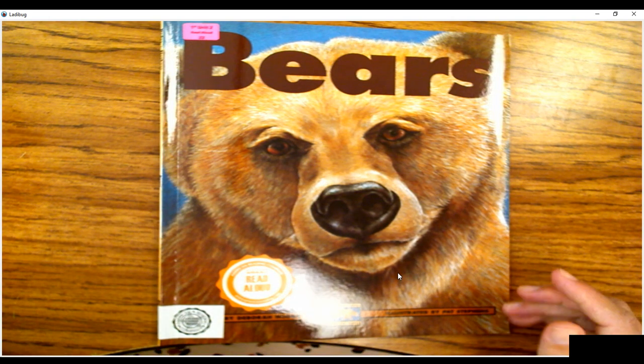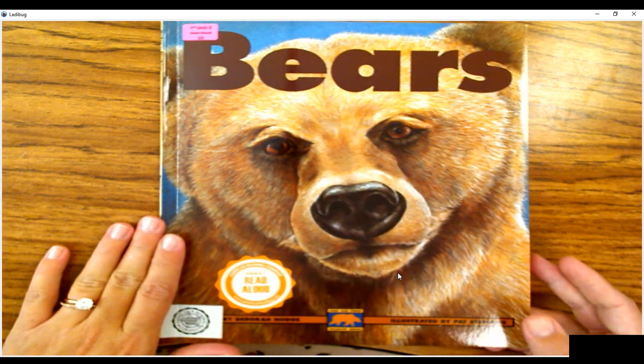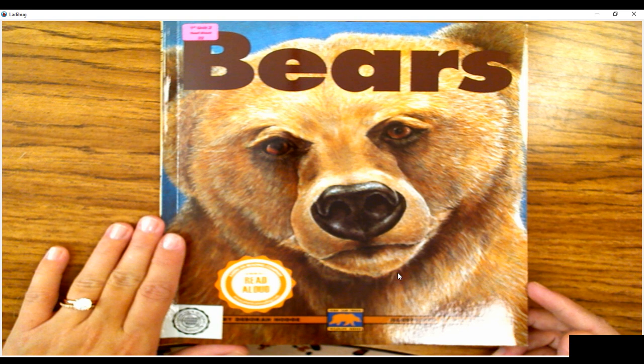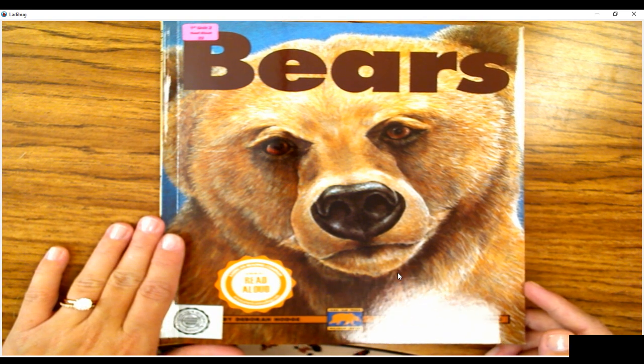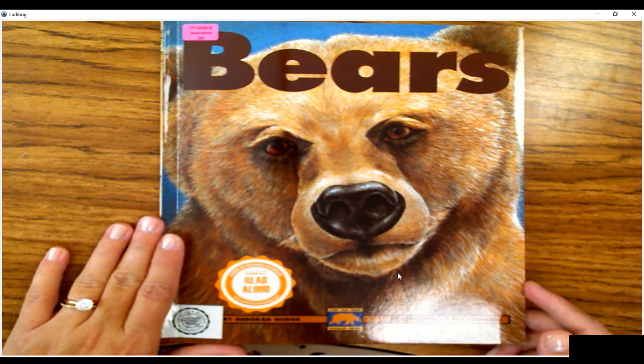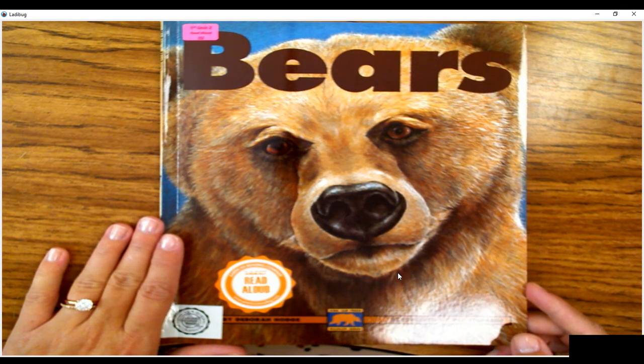So when we're reading like a researcher or a scientist, we don't always read every book cover to cover. We will look at different text features of the book, like the table of contents or even the index, to find what section of the book the information that we're looking for might be in.